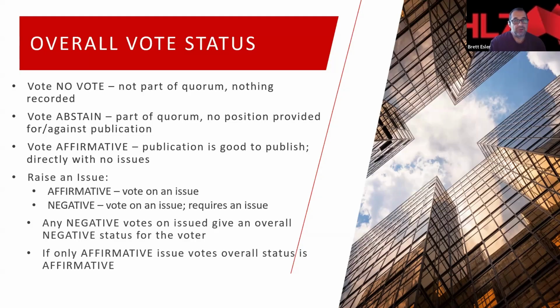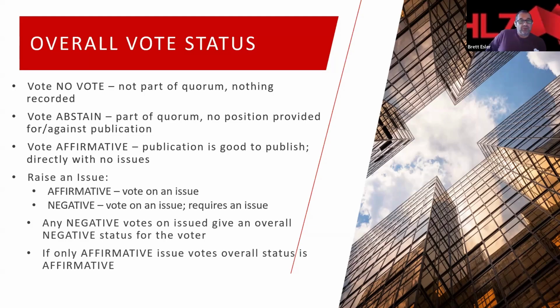Abstention means you have no position for or against the publication. Typically, this is a good thing to do if you have some reason you couldn't get around to considering the content, or you really have no opinion as to whether you want to consider pass or fail this particular ballot.